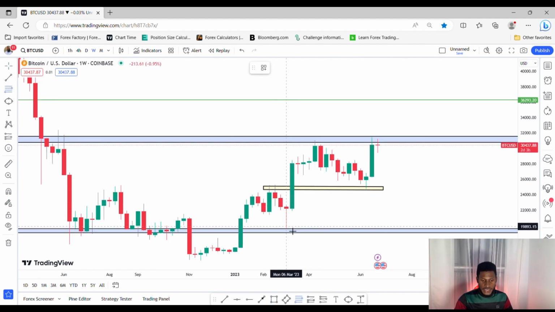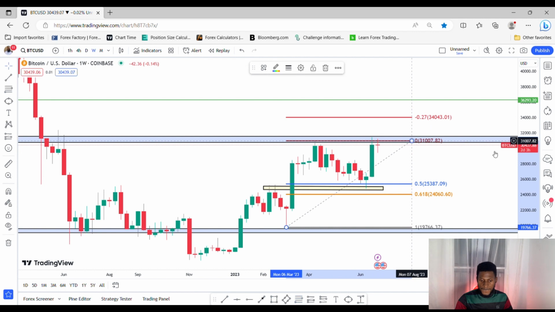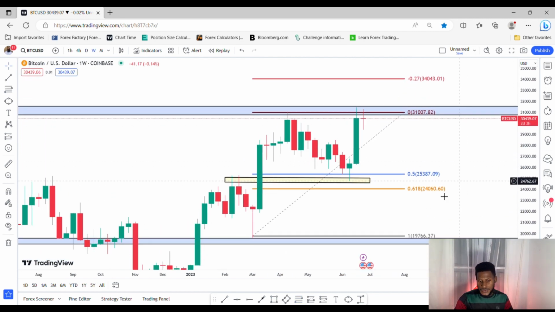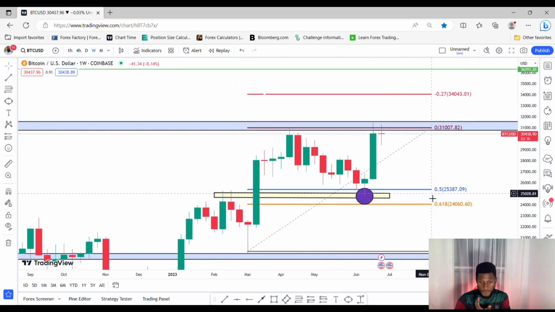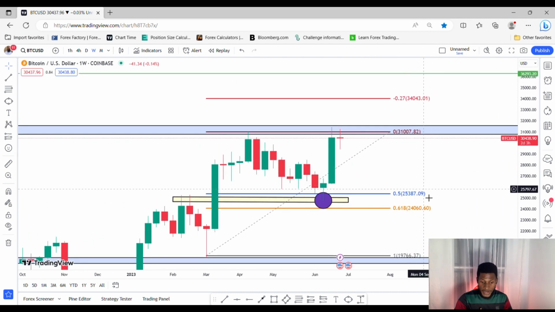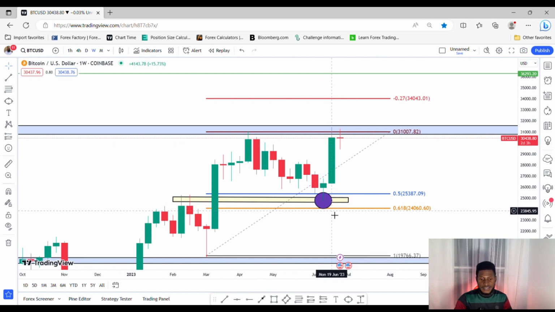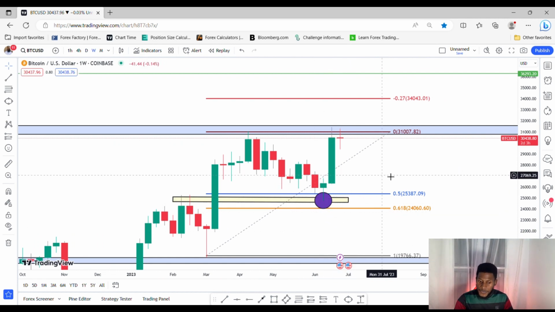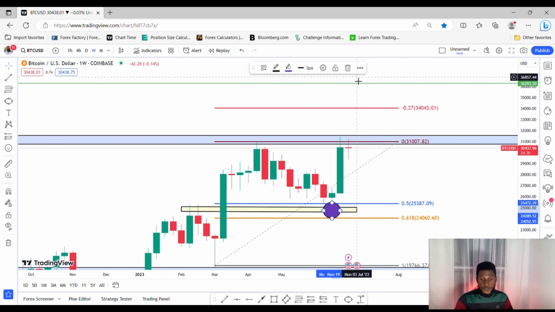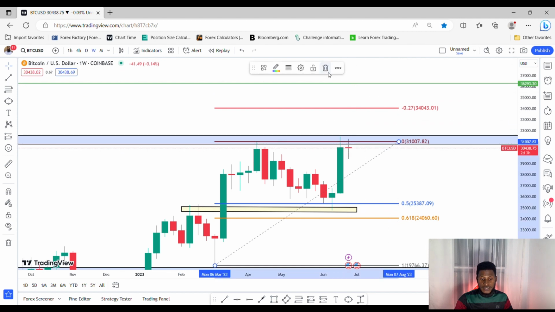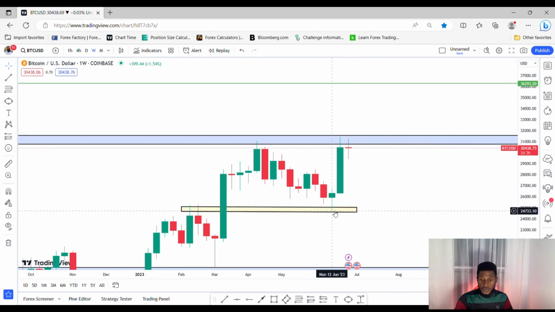So on my Fibonacci, I saw this zone, this particular area, which I prize a whole lot, because it's a basic fact for the Fibonacci tool that whenever price comes and plays around the 0.5 to 0.618 region, you'd see price react heavily. And on that same area lies the minor support area. So I was very confident that once Bitcoin price went as low as K plus per coin, Bitcoin was going to rally.